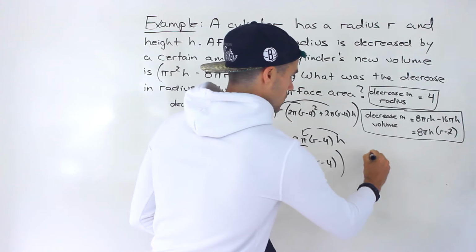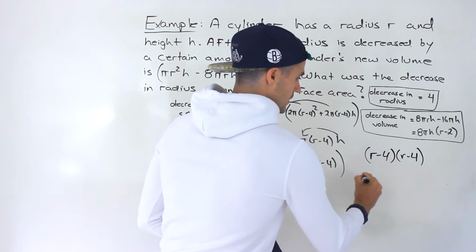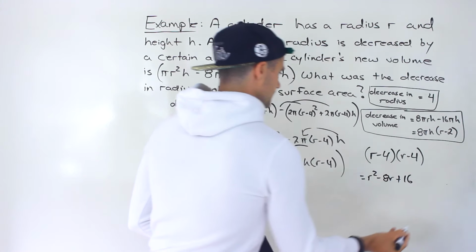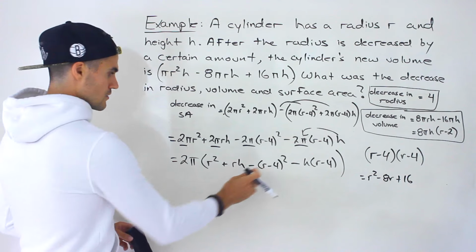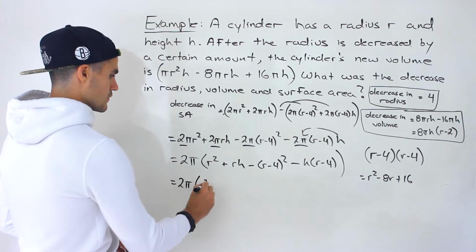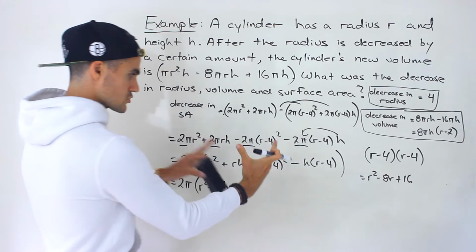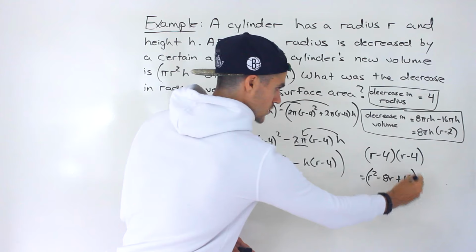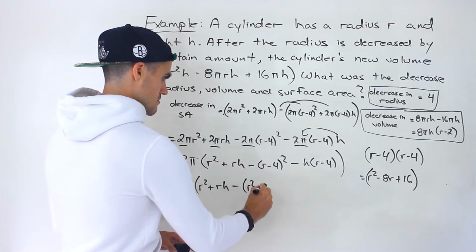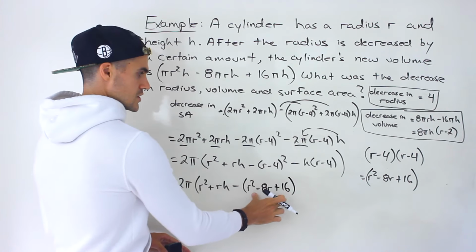Now, (r minus 4) squared, which is (r minus 4) times (r minus 4), is just r squared minus 8r plus 16. Okay, so just be careful here. I'm trying to be careful with all the algebra. We're subtracting that whole thing. Like that, so this changes to that.